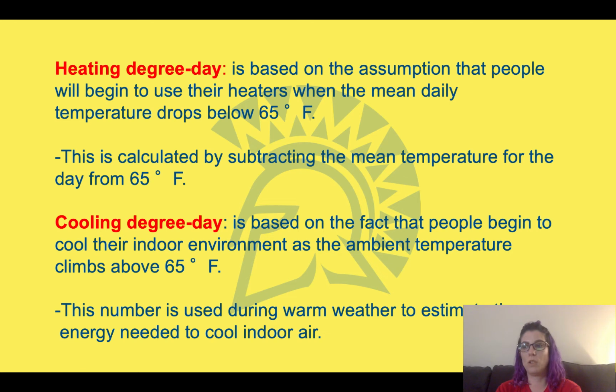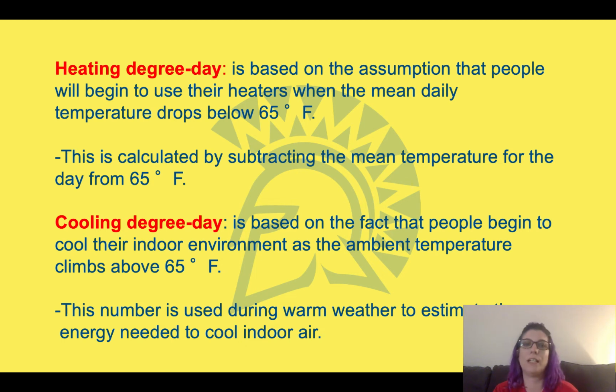These are what PG&E will use to determine how much energy they think we'll use. A heating degree day is based on the assumption that people will use their heaters when temperatures drop below 65 degrees. It's calculated by subtracting the average temperature for the day from 65.